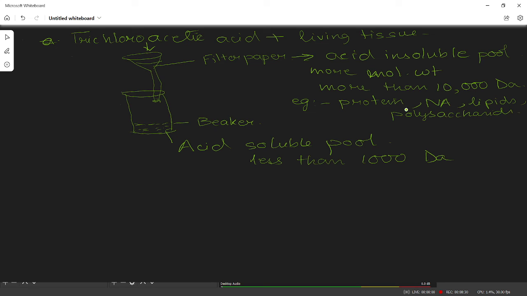Now, these molecules are very big in size, so they will be called as macromolecules, macrobiomolecules. And the acid soluble pools, the filtrate, which is less than 1000 Dalton molecular weight, they will be called as the microbiomolecules.